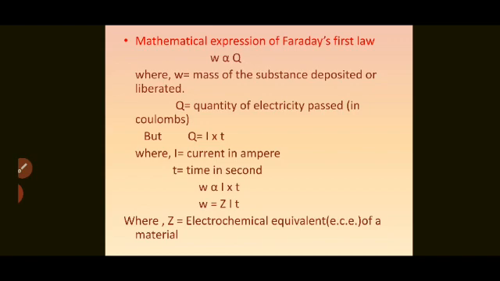To remove the proportionality sign, we must take a constant, Z, where Z is the electrochemical equivalent, that is ECE, of the material for which the electrolysis is carried out. This question can be asked for 2 marks: write the statement of Faraday's first law of electrolysis and write its mathematical expression.